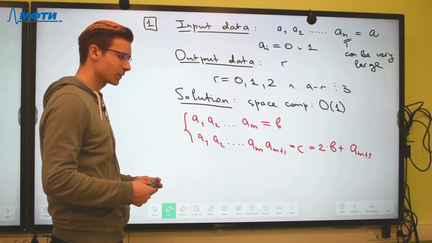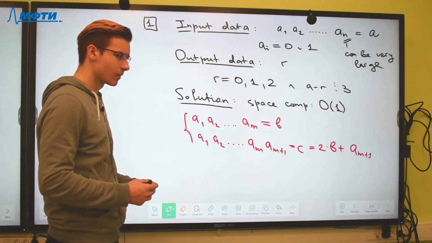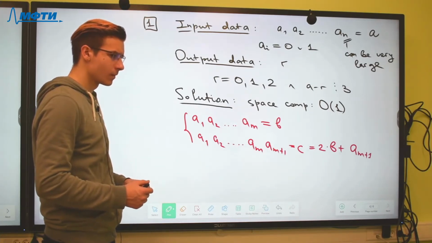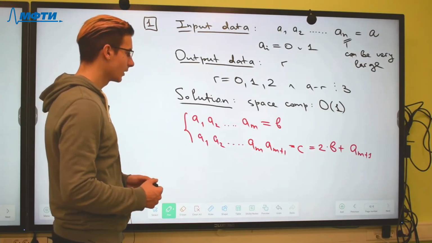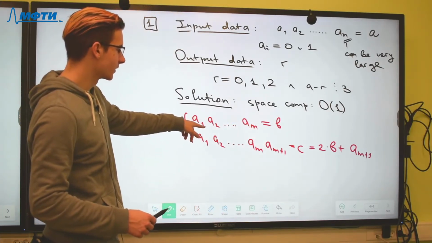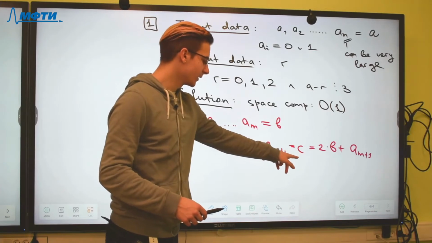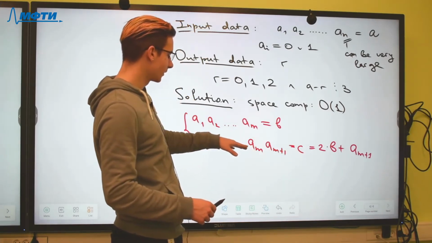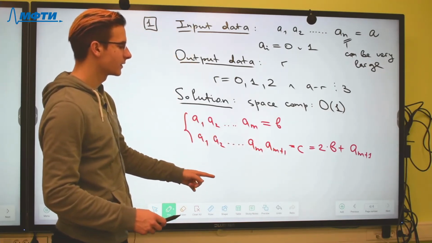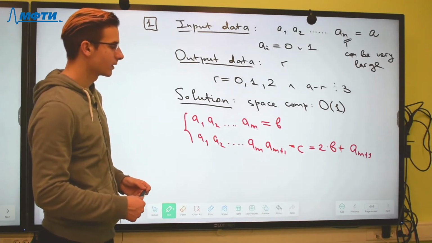The question is that if we can represent B in the binary system as a sequence A1 to Am, and we can represent C as the sequence A1 to A with index m plus 1, then we can say that C is equal to twice B plus the last character.